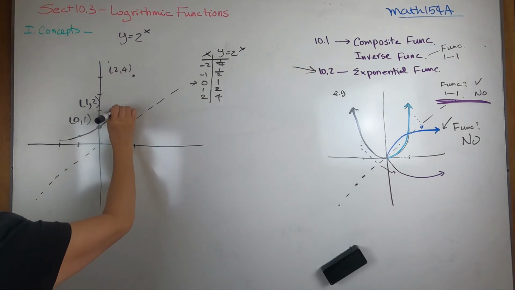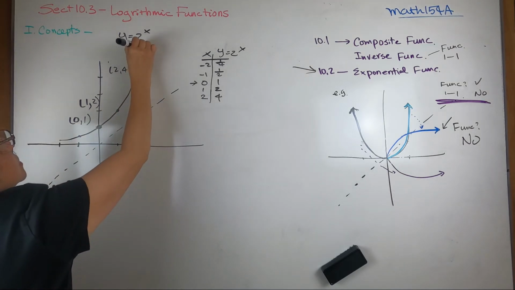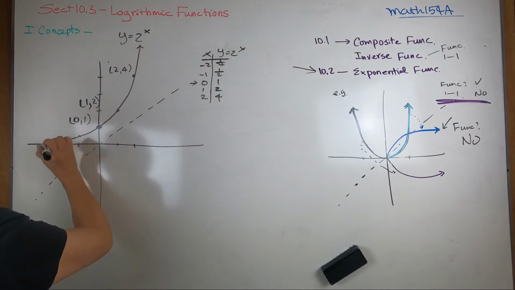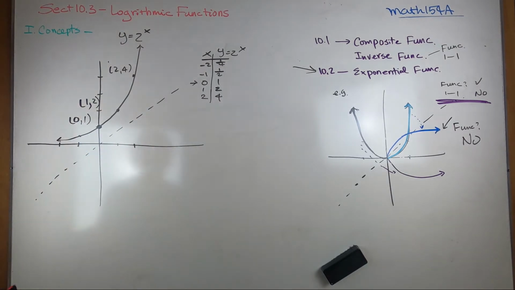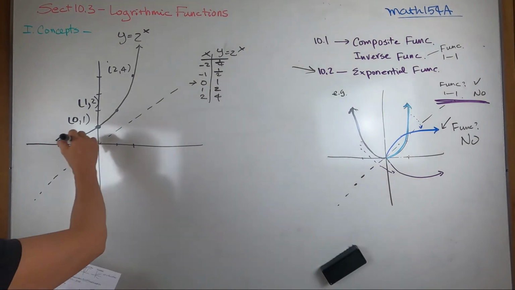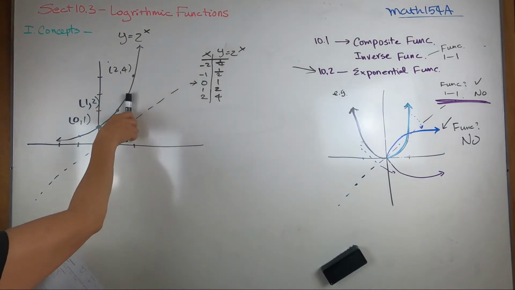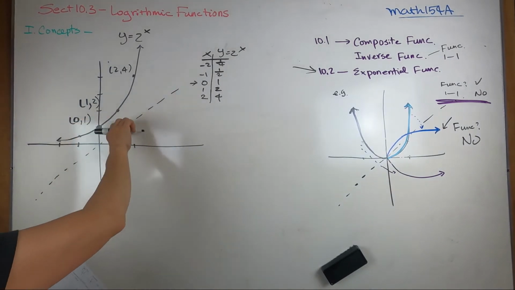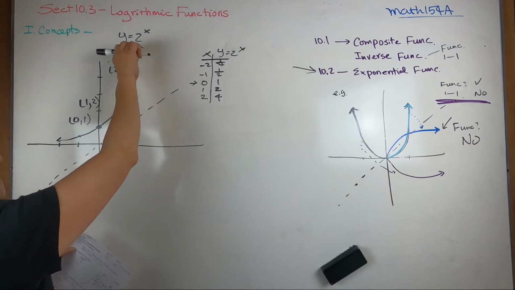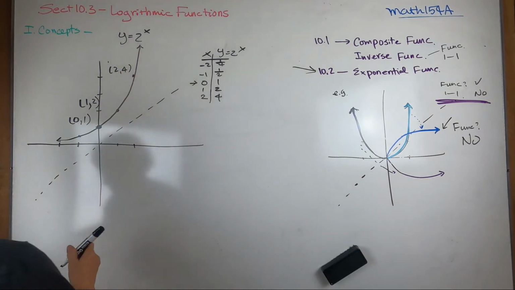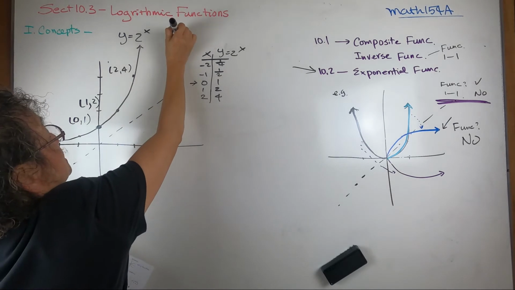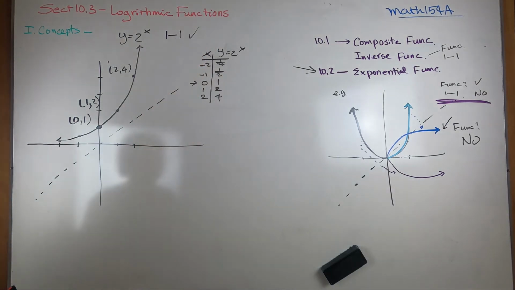So that's our 2 to the x power, right? So for this one, is this a 1-to-1 function? Horizontal line test for 1-to-1. So it is 1-to-1, yes.